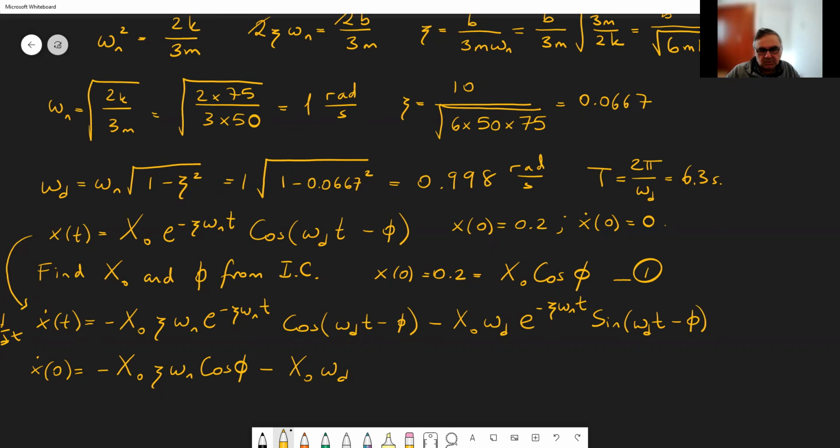This is 1. This is sine, this is 0. Sine minus phi is minus sine phi. So it's a sine phi with a plus sign. And this will be 0. So the x0s are going to cancel.